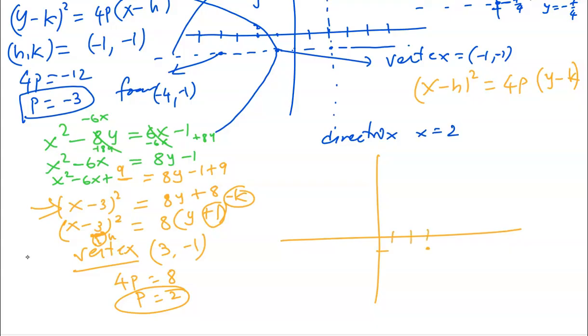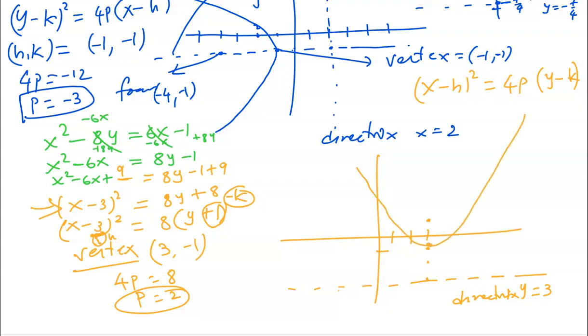Since it opens up, you're going to go 2 units up for the focus. And from the vertex, 2 units down. That's my directrix, which is going to be y equal to -3, right? That's the directrix. And then your graph is going to look like that.